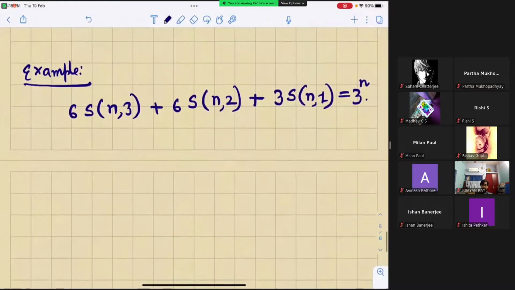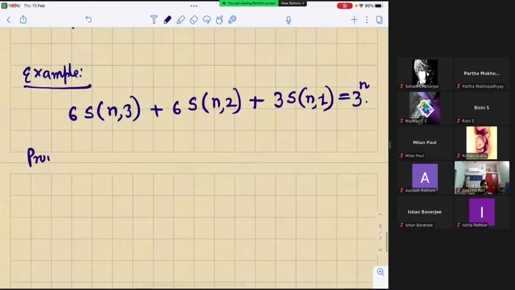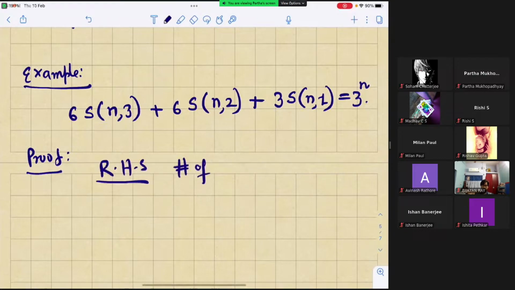So how do you even attack this kind of problem? One side is obvious, right? The RHS. So what is the RHS? Number of functions from what? N to 3, right?